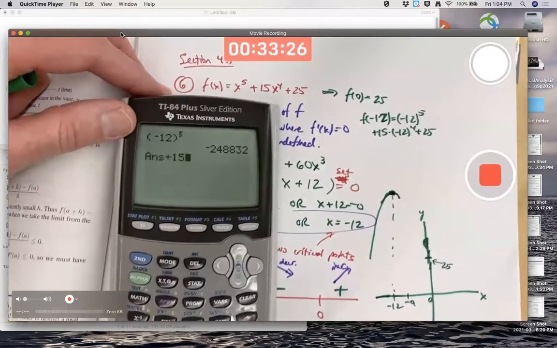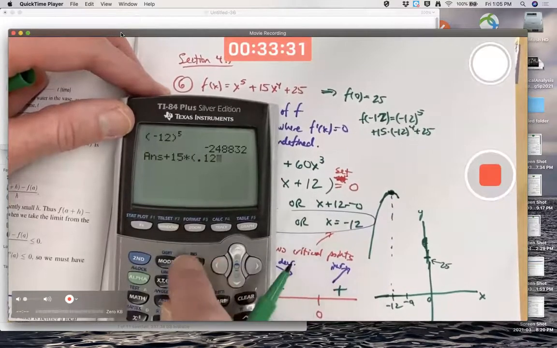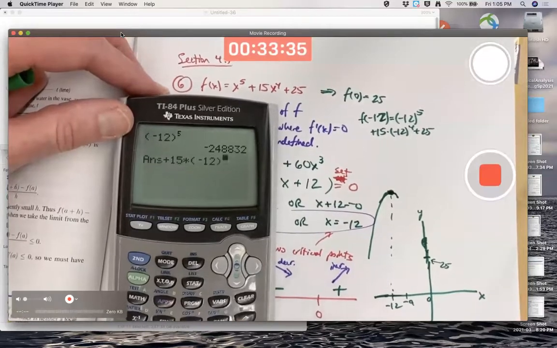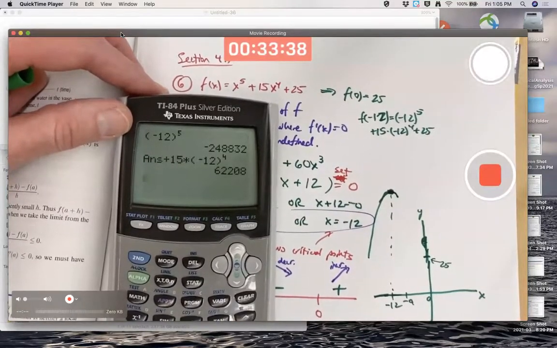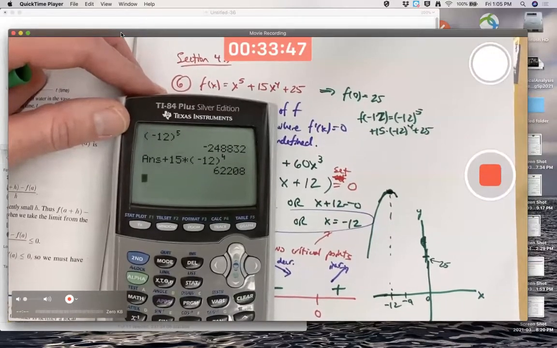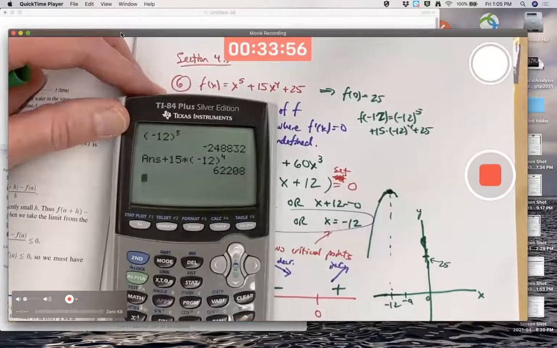Plus 15 times -12 to the 4th, which is going to be a big positive number. Oh, okay. I added it to that. So the 62,208 is not what 15 times -12 to the 4th is. It's what that plus the previous answer is. And then plus 25. Yeah, it's way off the scale.